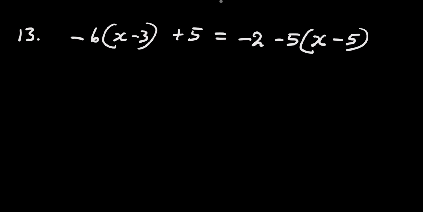Remember, the first step is to clear the parentheses and distribute this. And over here, you have negative 5 before the parentheses. Distribute that.